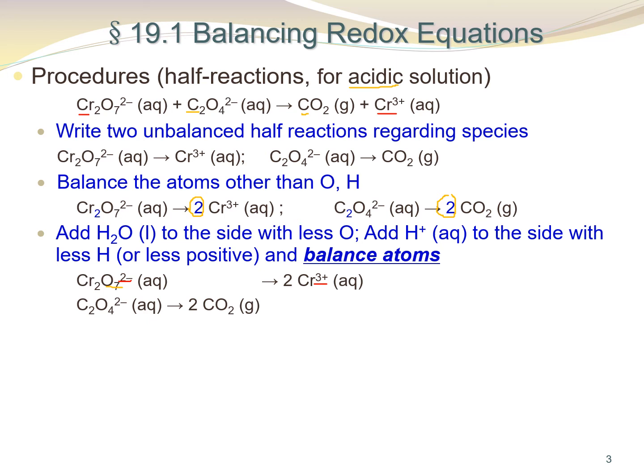If we want to add H+, we understand we're going to add H+ here. So when 2 of the 3 statements are satisfied, we're going to do just like that. So we add H2O on the right, and we add H+ on the left.